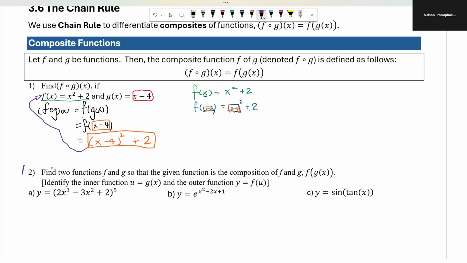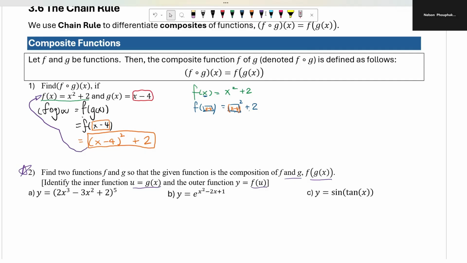Just like this one, we would like to find two functions, f and g, so that the given function is the composition of f and g. Or we could identify the inner function u equal to g of x and the outer function y equal to f of u. It's another way to work out the problem.